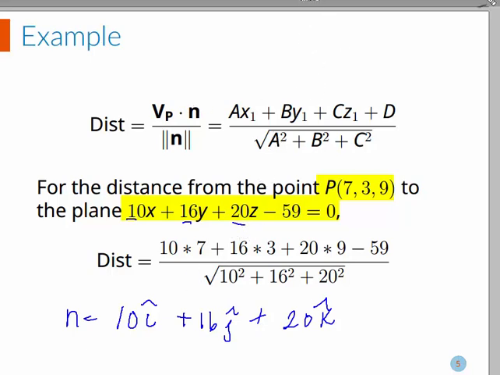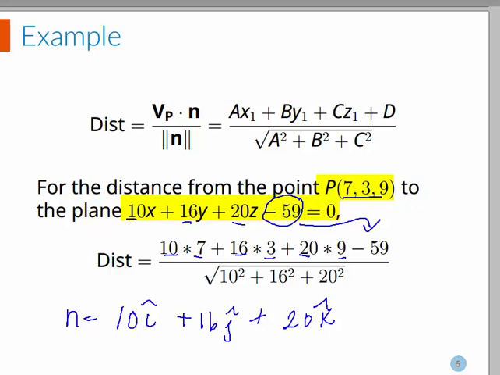So we're just going to plug in here. We have the normal sitting right here. Here was the d that goes right on the end, and here are the coordinates of the point. And then of course take the magnitude of the normal and put that in the denominator. That's it. That's the distance.